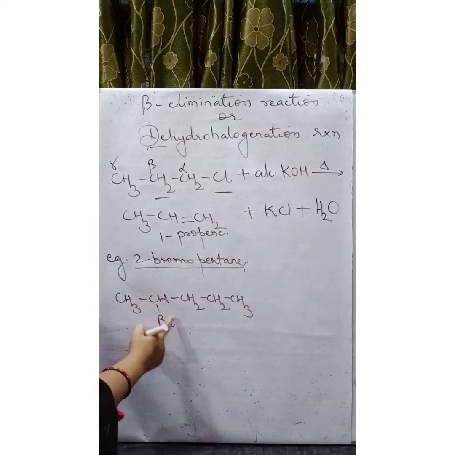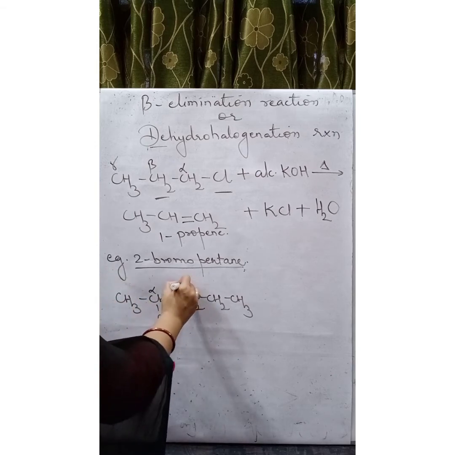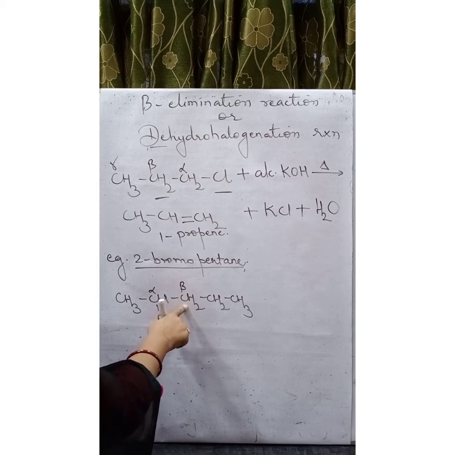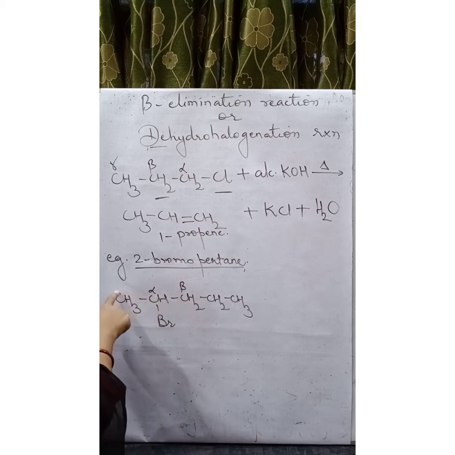The carbon to which functional group is attached is termed as alpha carbon. This carbon is attached to the next carbon which is termed as beta. But this side also we are having one beta. But here we are having 2 beta.